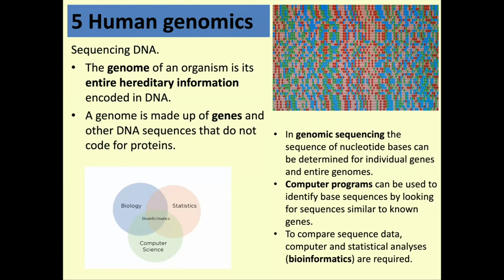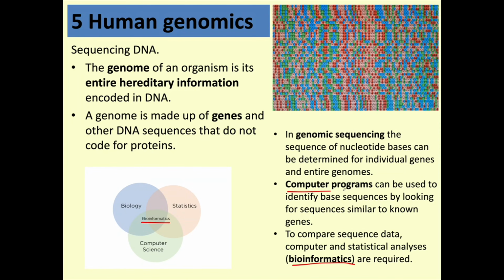So when we're comparing sequence data, we have to use our biology knowledge, but also our statistical knowledge and our computer science ability. The use of computers and all of the programs and software available now is called bioinformatics, and that's a word very much worth remembering.